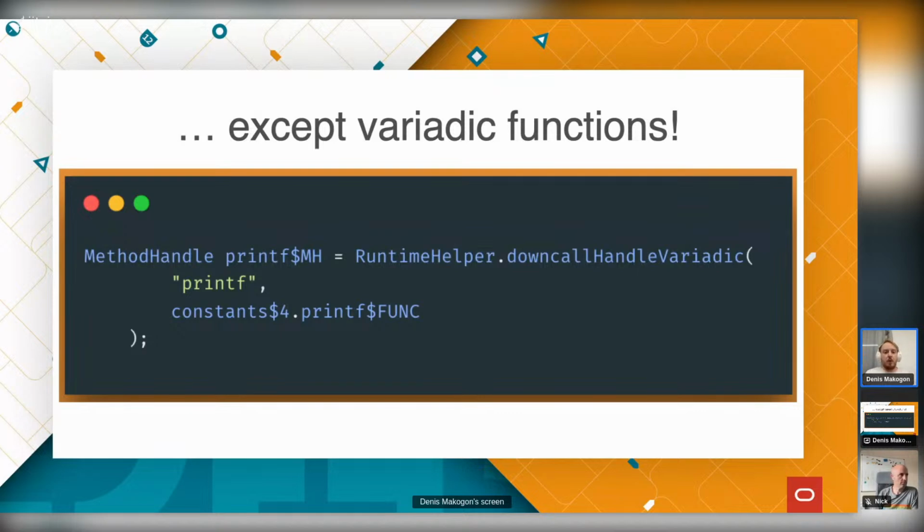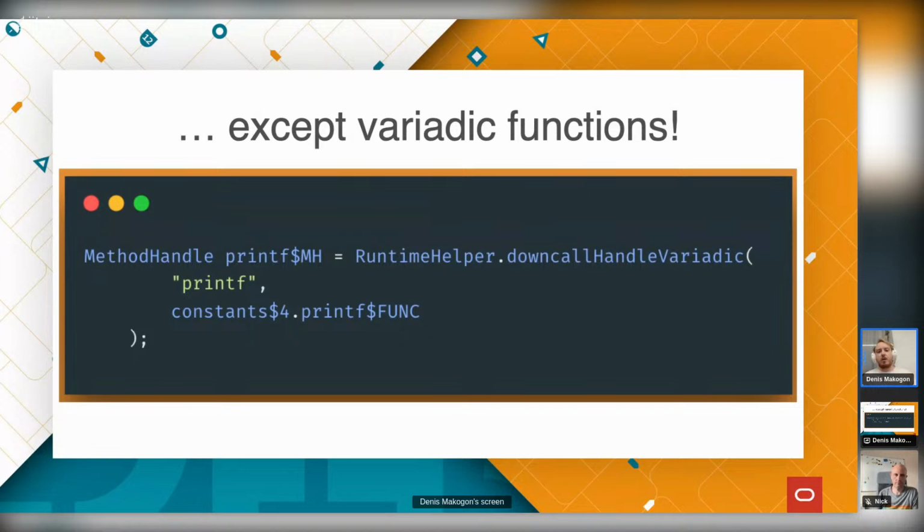What does it mean? For functions like printf, it will create a specific handle that will try to guess what kind of parameters it received for the variadic arguments, and then try to build a new variant of a method handle by recreating a function descriptor that consists of the layouts of those parameters being used to invoke this function.